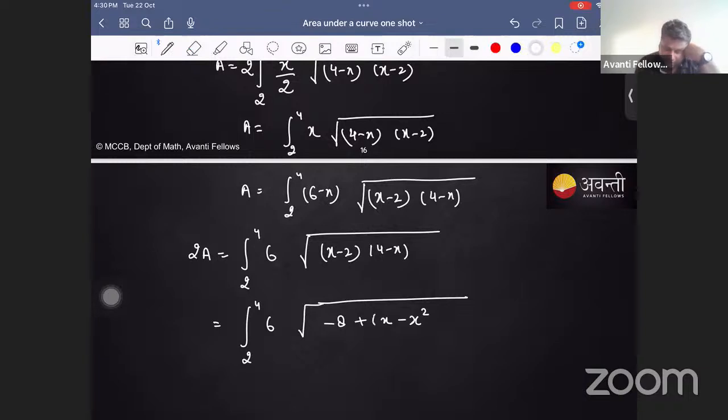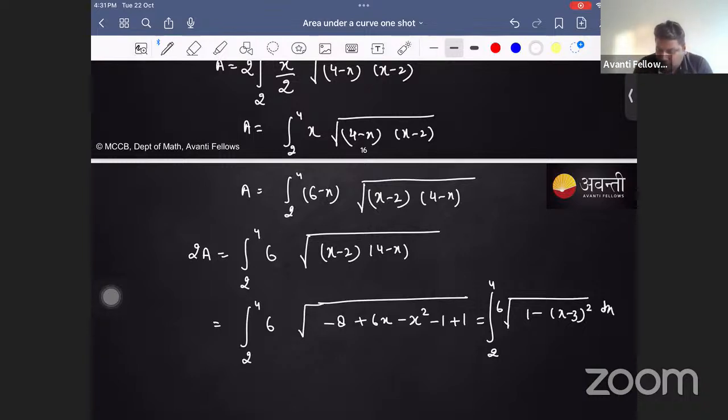Plus 6x. Now you subtract 1 and you add 1. Then you will get integral 2 to 4, 6 times under root of 1 minus (x minus 3) whole square. Got it?